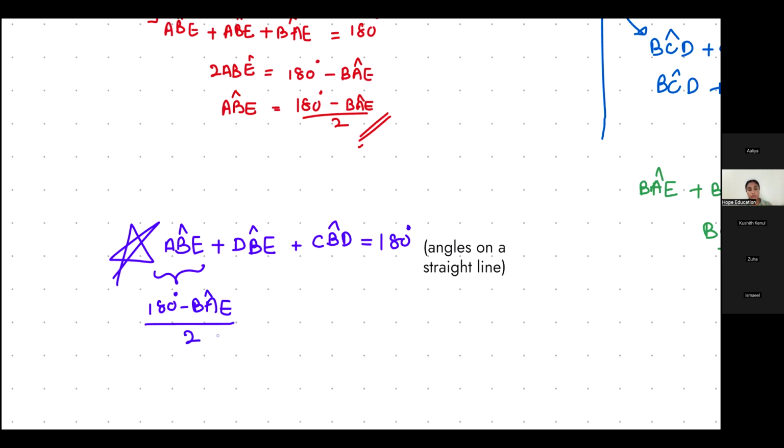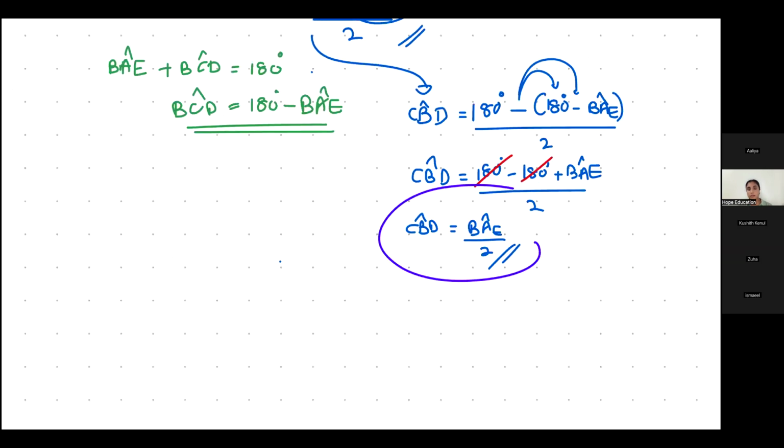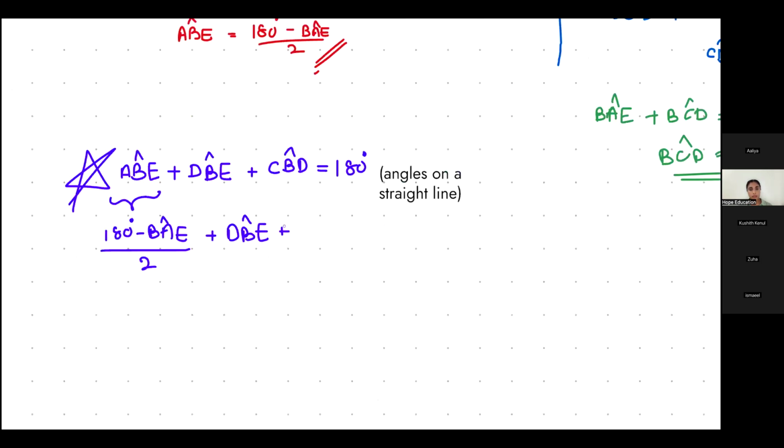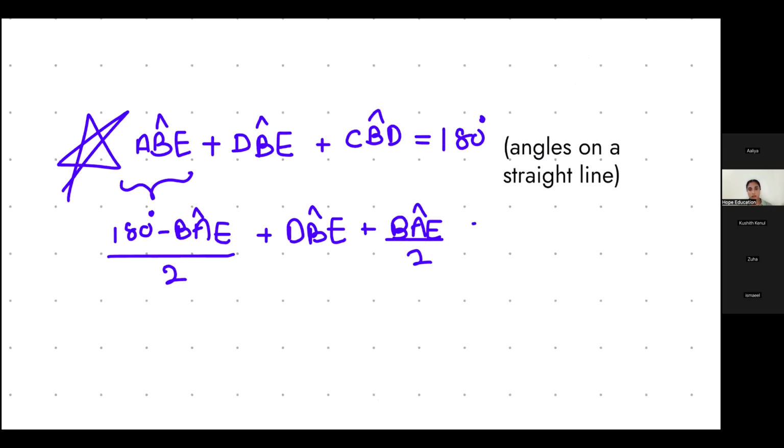Then we have DBE as usual. Then CBD, here we proved that CBD is BAE divided by 2. BAE divided by 2 equals 180.